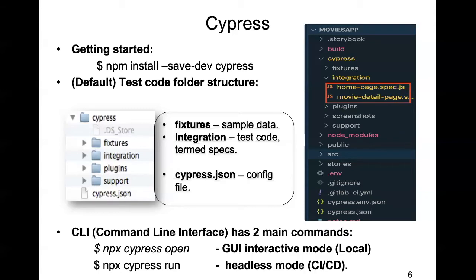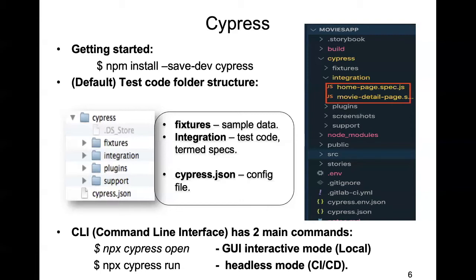Cypress also has its own command line tool. In fact, it has a tool, but that tool has two different modes of execution. And this is really what you will be using to run your tests. Now, when you're running your tests locally on your machine, you would use the npx cypress open command.